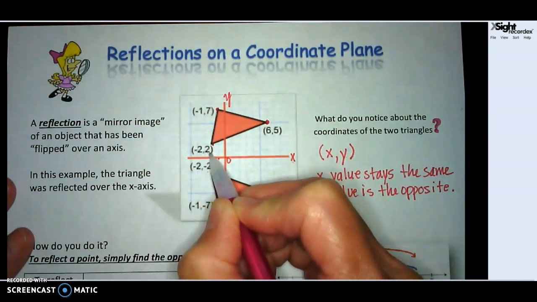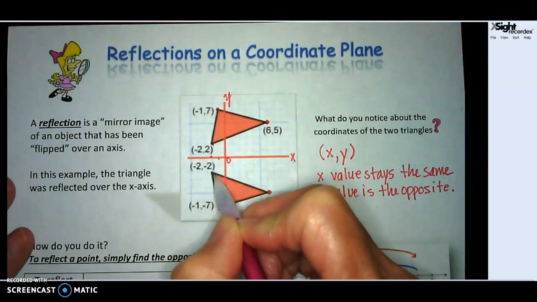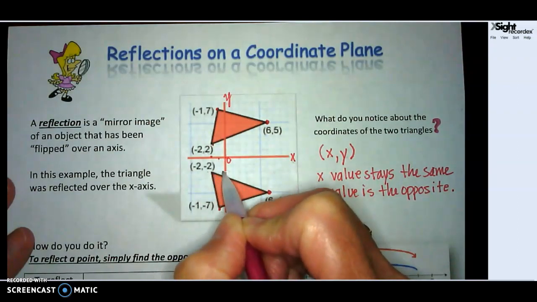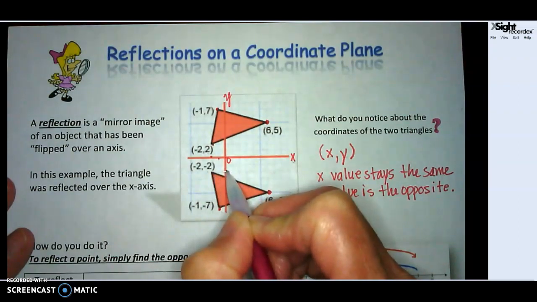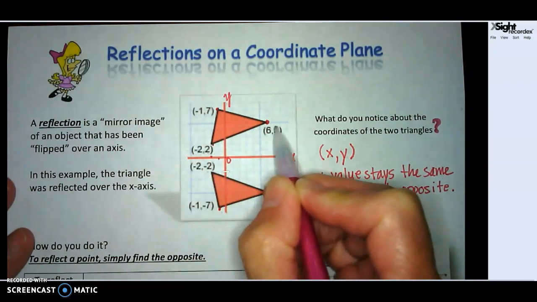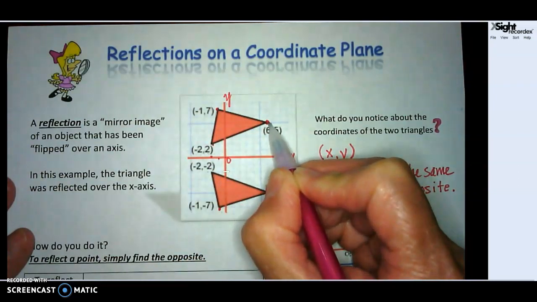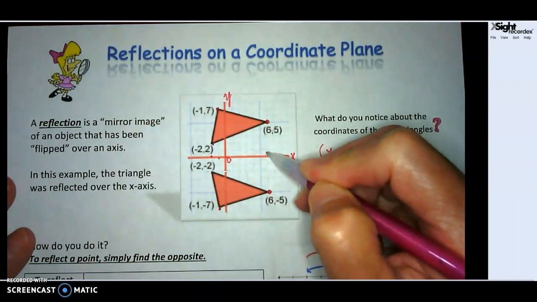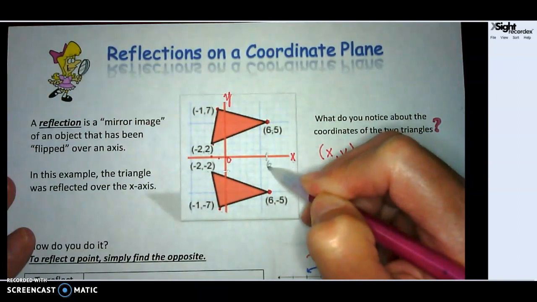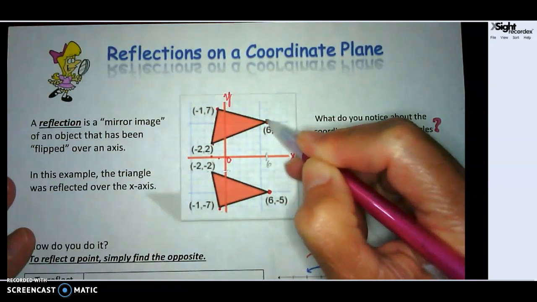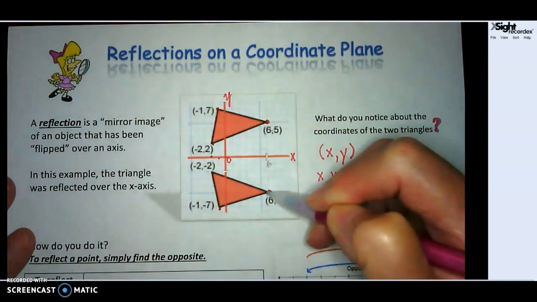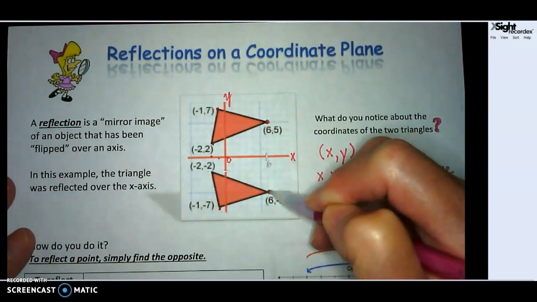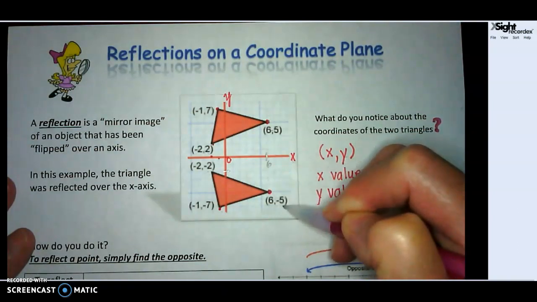So (-2, 2) becomes (-2, -2), because you had to go down the y-axis to -2. This point, (6, 5), over 6, up 5, is reflected. We still have to be at 6 on the x-axis, but when it comes across the x-axis, this becomes (6, -5).